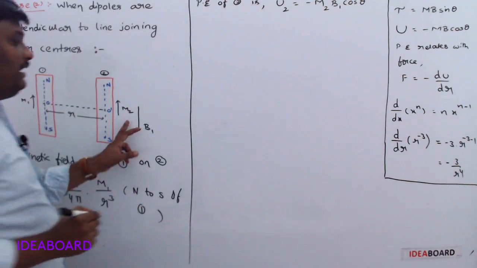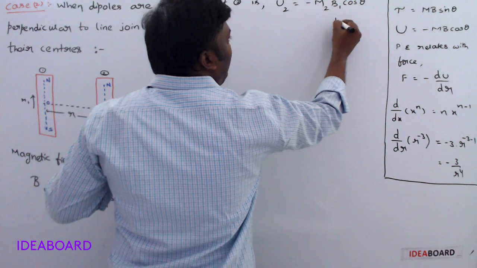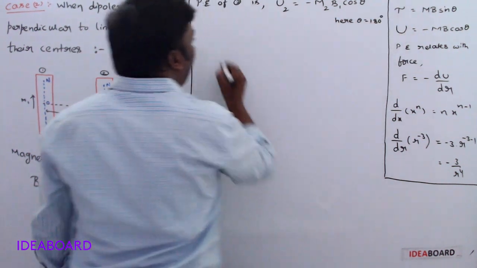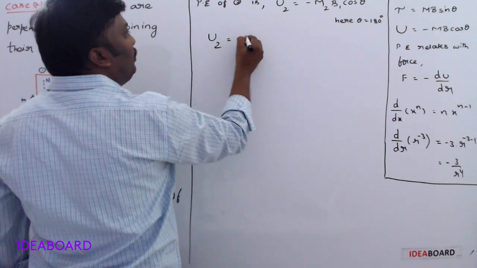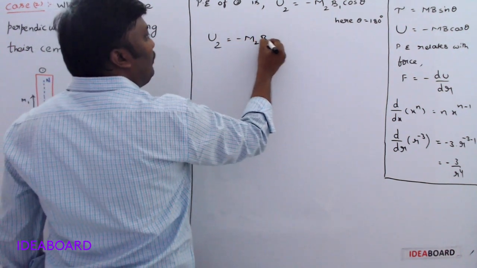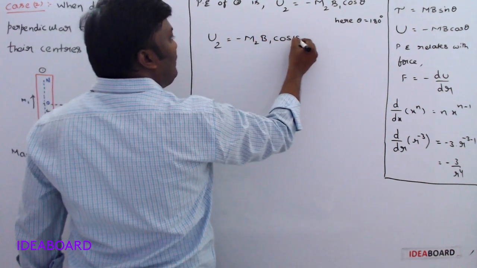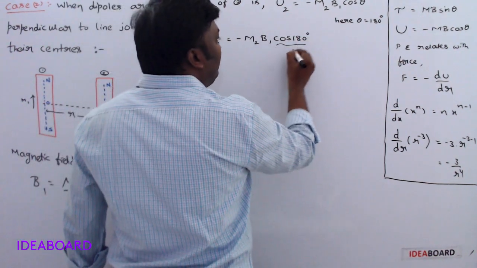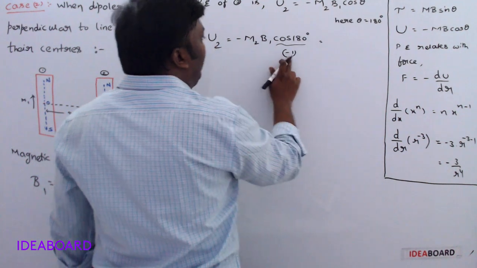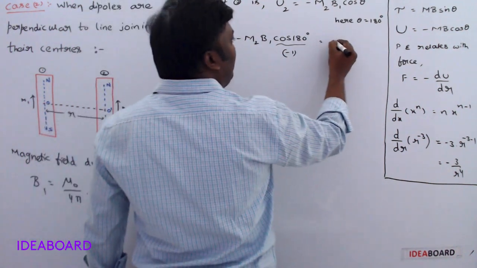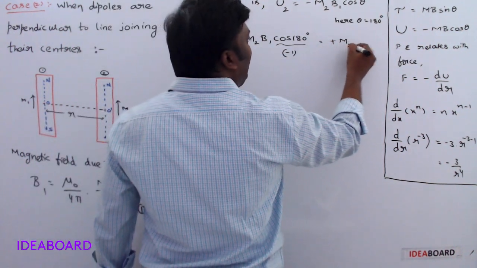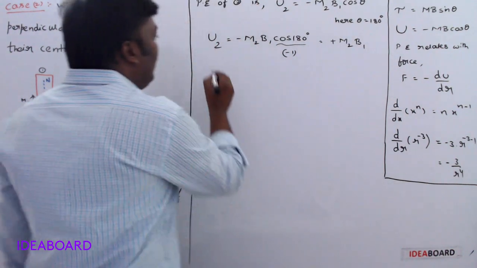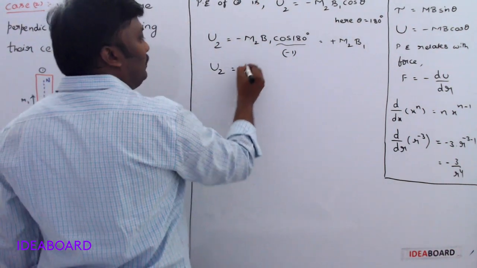Here theta is 180 degrees, so U2 is equal to minus M2 B1 cos 180. Cos 180 value is minus 1. Therefore minus into minus is plus, so the value becomes plus M2 B1. Understand?